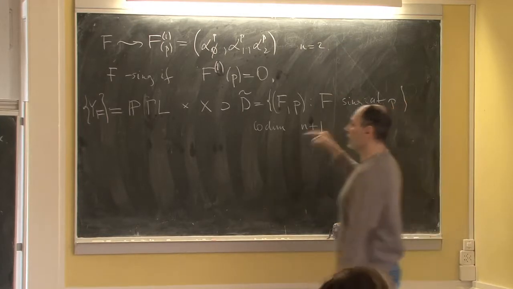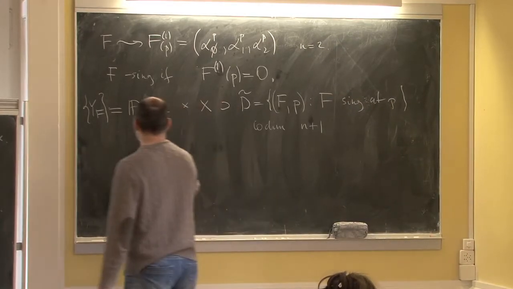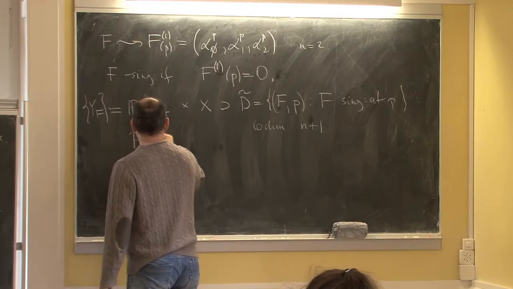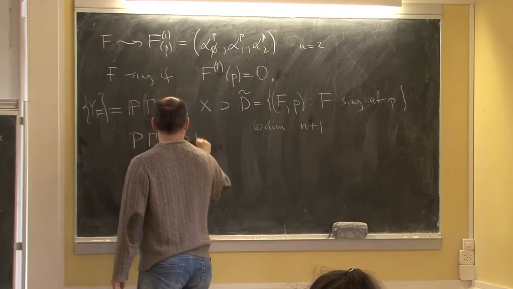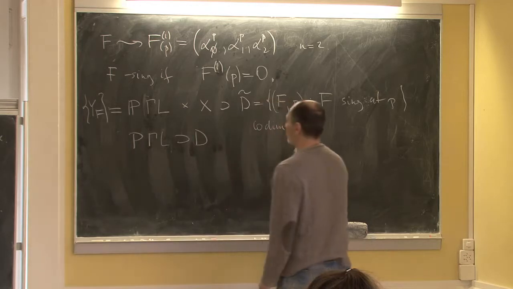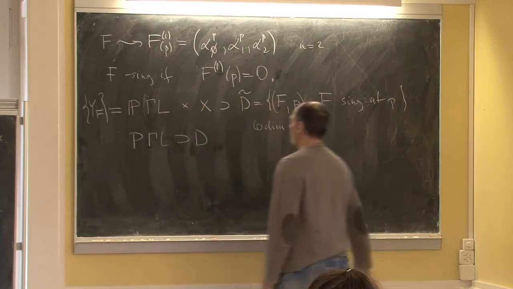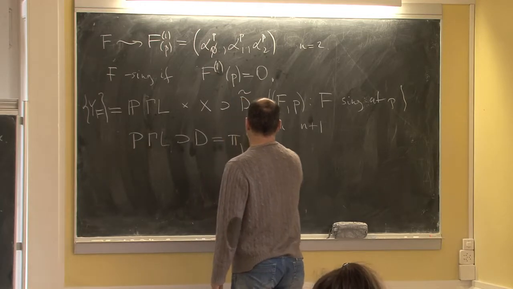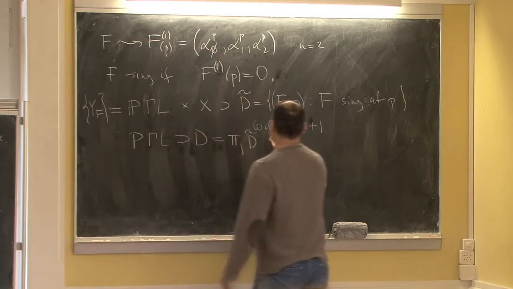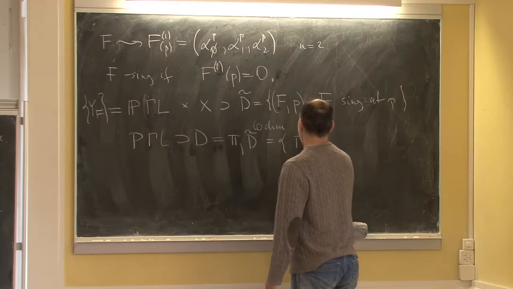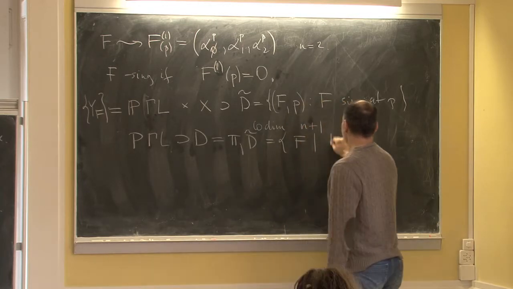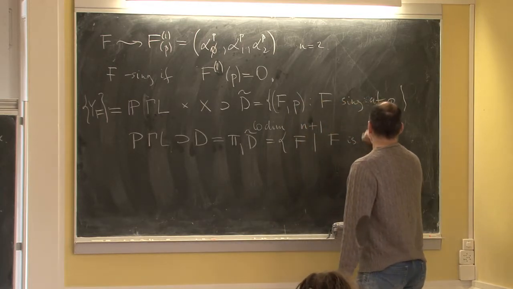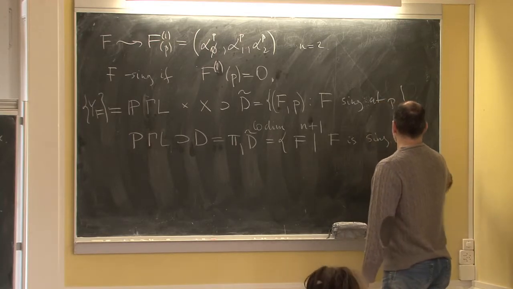And so what really interests us is the discriminant, which means that it's the projection of D tilde onto the first coordinate here, or you can also describe it as just the space of F such that F is singular at least at one point.